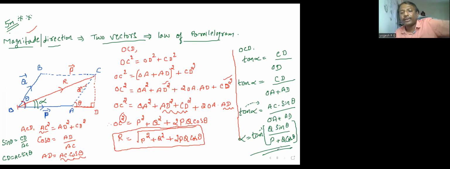Tan inverse of Q sin theta by P plus Q cos theta. This is how we find the direction of the resultant vector of two vectors using the parallelogram law. If they are asking for 5 marks, usually they will ask both magnitude and direction, students.